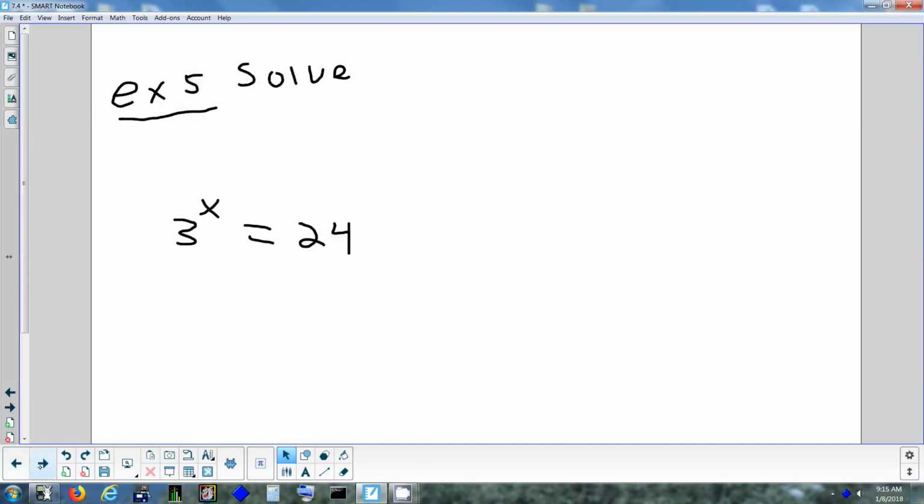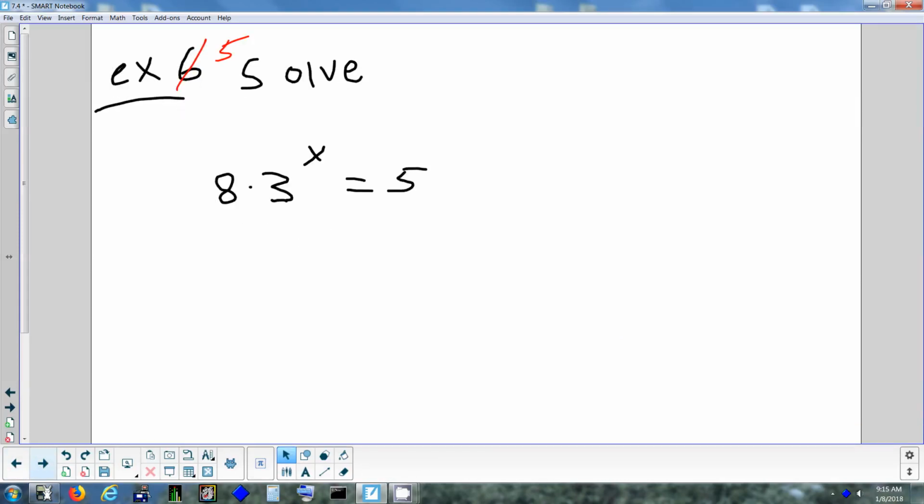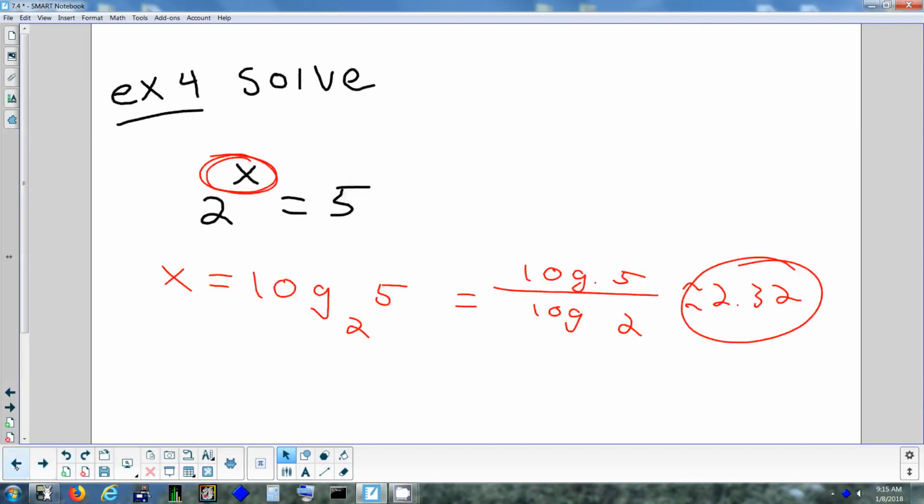Would you have to divide the 8 first? Yeah, the goal is to get this by itself. Get as many things away from the x as you can. So one thing I can get away from it is the 8 by dividing. Now I have a number to a power equals a number. That's exactly what I just had right here.